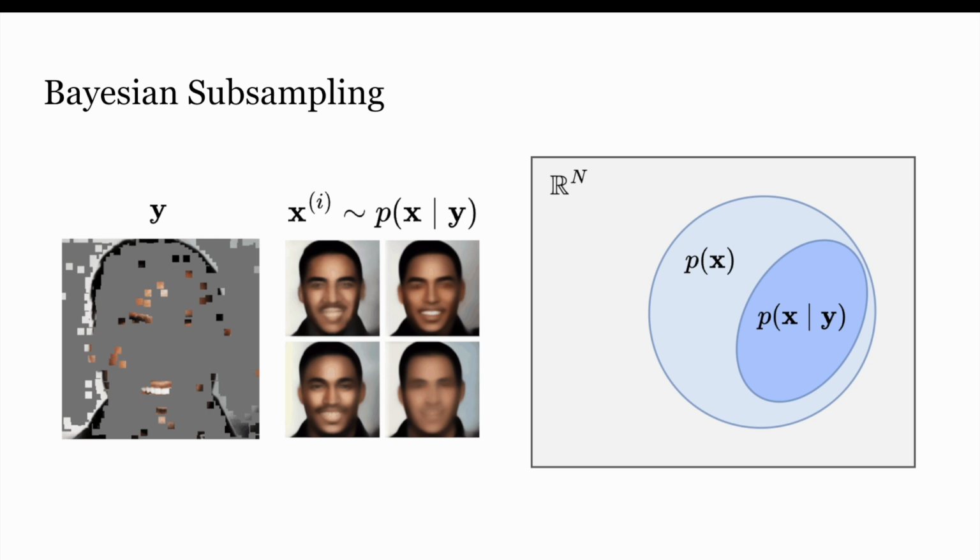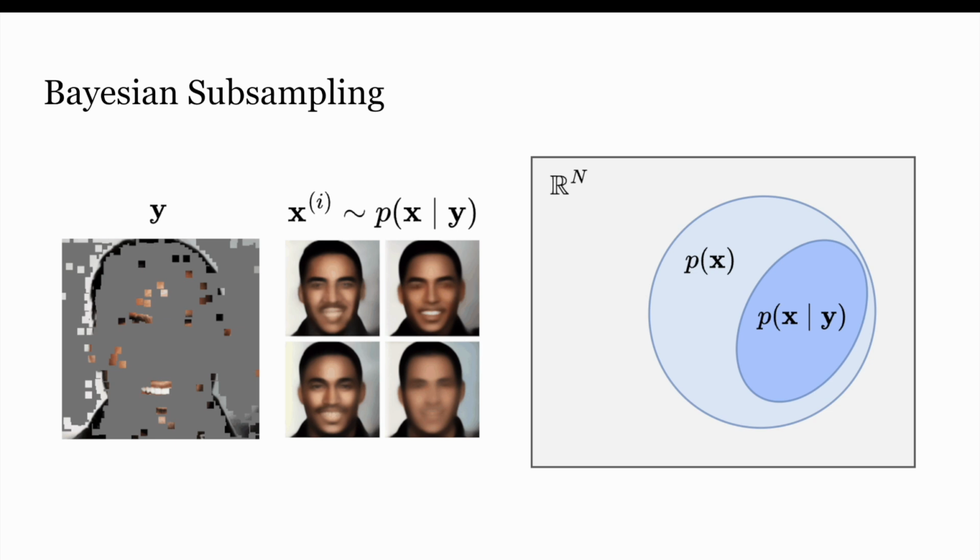So next, I'll just mention Bayesian subsampling. This is the idea that because the problem is ill-posed, so there's a many-to-one relationship between X and Y, in the sense that many different X's could satisfy this measurement that we've observed, it's nice to be able to represent that as a whole distribution over target signals and to preserve that uncertainty.